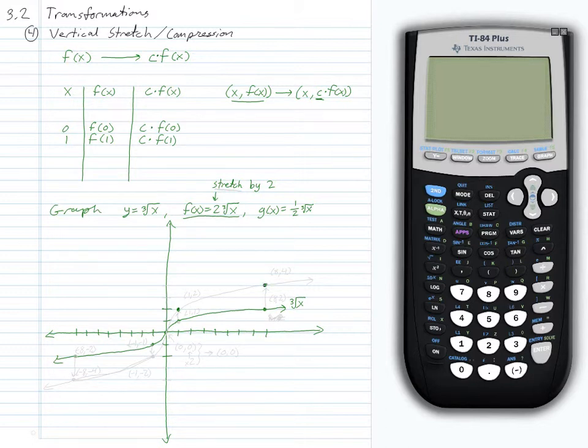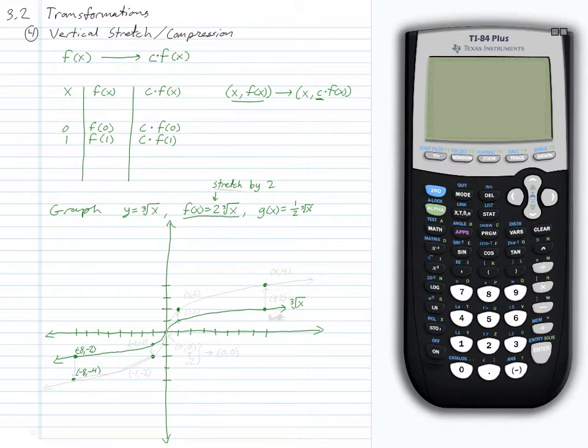We'll get stretched up to 8, 4. Negative 1, negative 1: our y-coordinate will also be multiplied by 2, so negative 1 times 2 puts us down at negative 1, negative 2. And our last point, negative 8, negative 2, if we multiply that y-coordinate by 2, that will stretch us down to negative 8, negative 4.